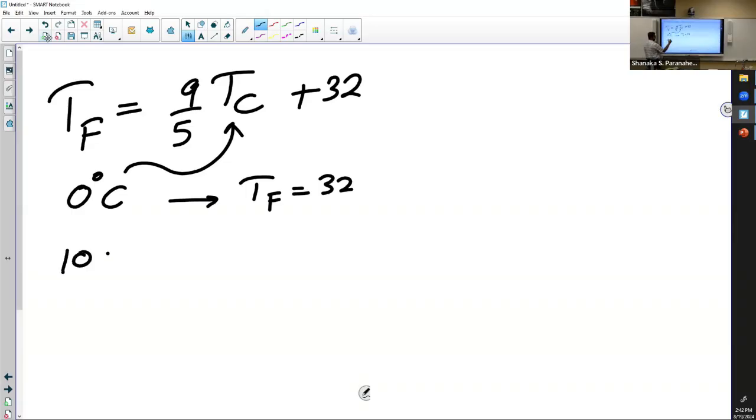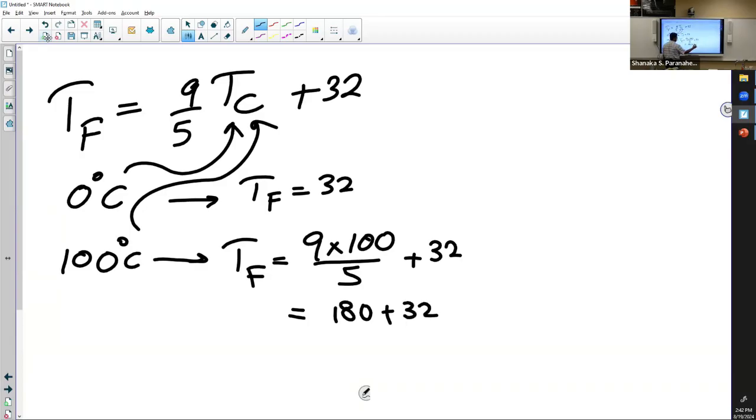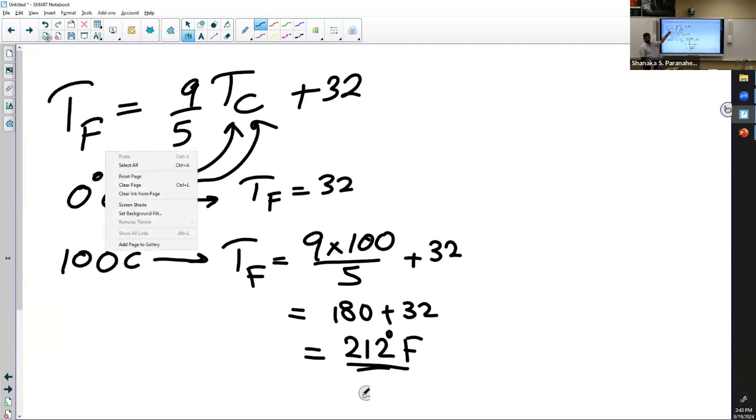If we substitute 100 into this, it's 9 times 100 over 5 plus 32. 9 times 100 is 900, 900 divided by 5 is 180, so it's 180 plus 32, and this is 212. We have the correct value. So 100 degrees Celsius is equal to 212 Fahrenheit. This equation is valid, so you can use it to convert any Celsius into Fahrenheit. Any questions?